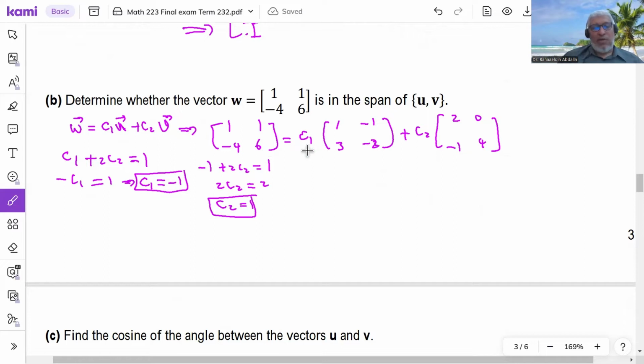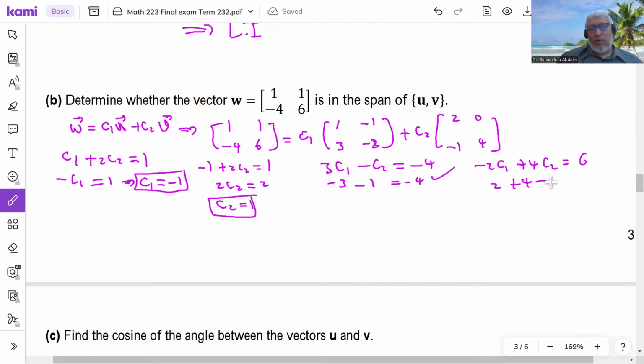I'll check the other two equations. So 3c1 minus c2, is it equal to negative 4? 3 times negative 1, that's negative 3, minus 1, it's negative 4, correct. The last equation, negative 2c1 plus 4c2 should be equal to 6. c1 is negative 1, so this would be 2. 4 times 1 is 4.